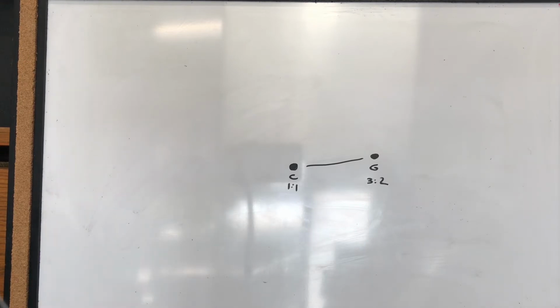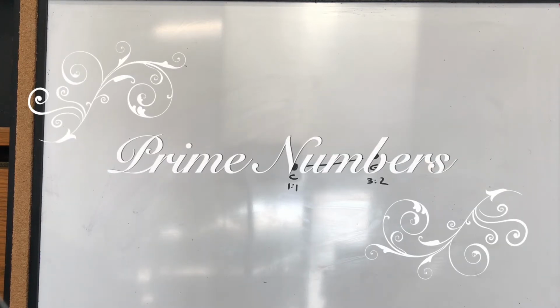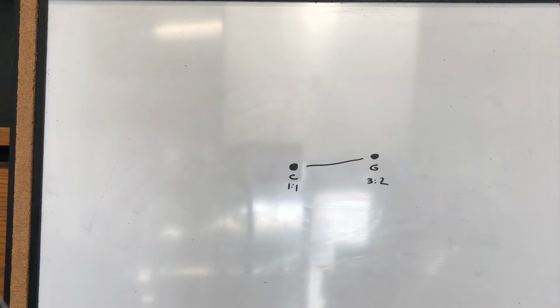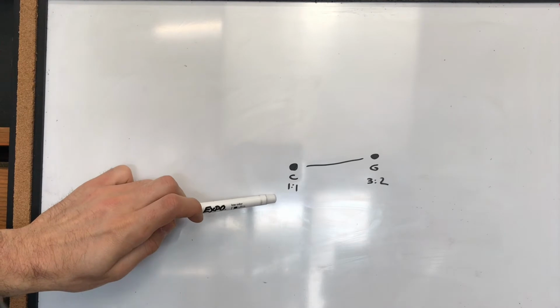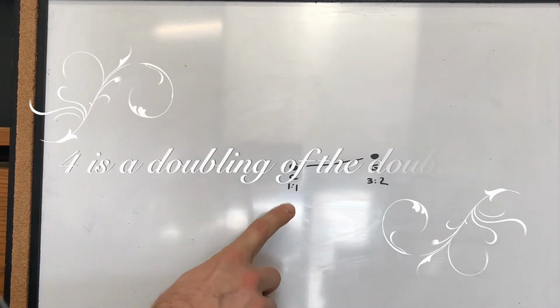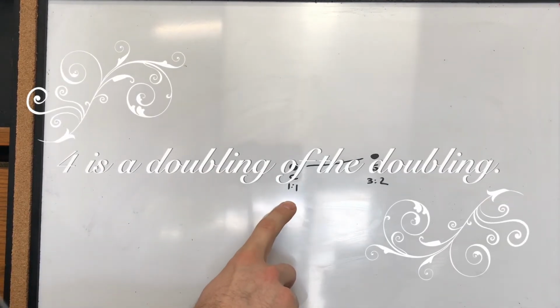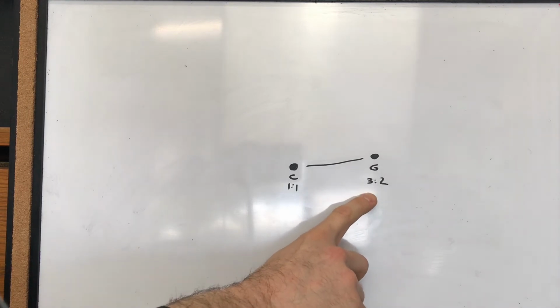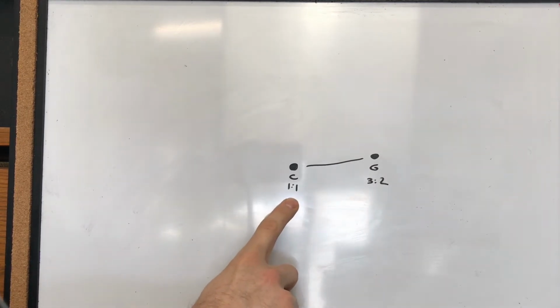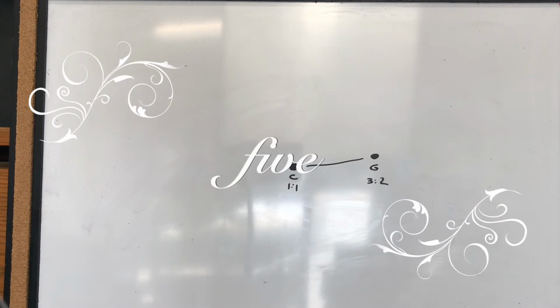Moving on. So what would be the next most logical step from here? Well, we can approach the next prime number, right? So we had 1, 2, 3, 4 would be another C, right? 1, 2, 3, 4, 5.